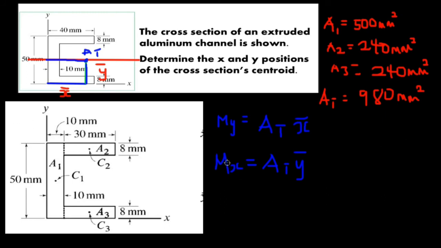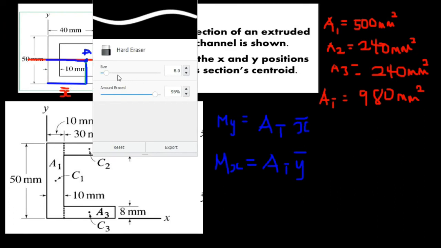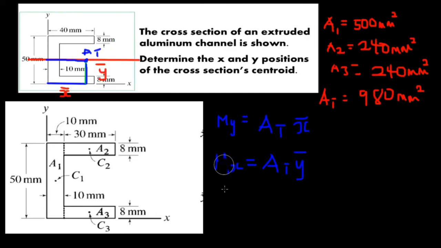I'll first focus on the x bar. So when I take the moment about the y-axis for each of these areas here, we are going to use this same formula.